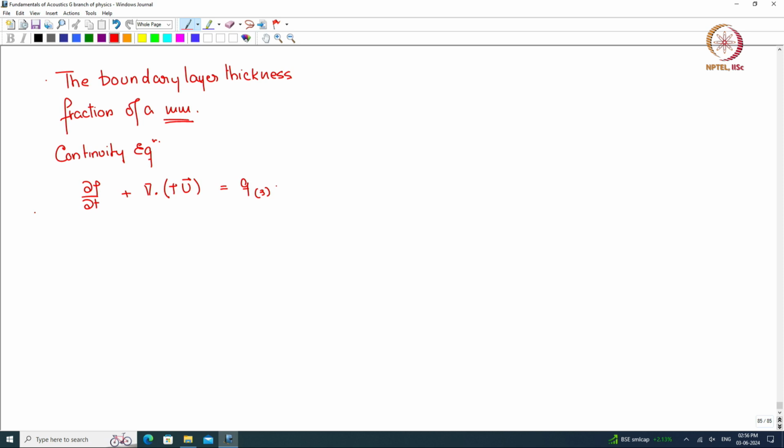Okay. So what are these? The rho is rho of x comma y comma z comma t.